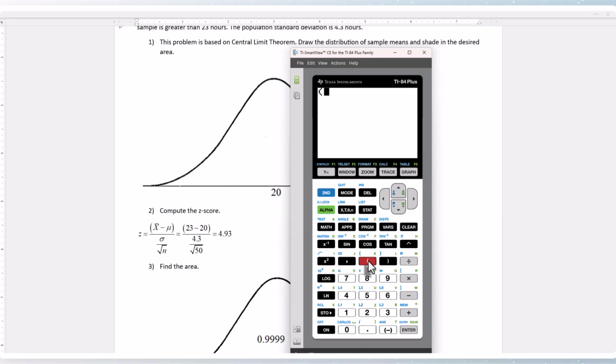I like to use parentheses. So we have (23 minus 20), close the parentheses, divided by, once again use parentheses for the denominator, (4.3 divided by the square root of 50). Close the parentheses. Hit enter. The z-value is 4.93.